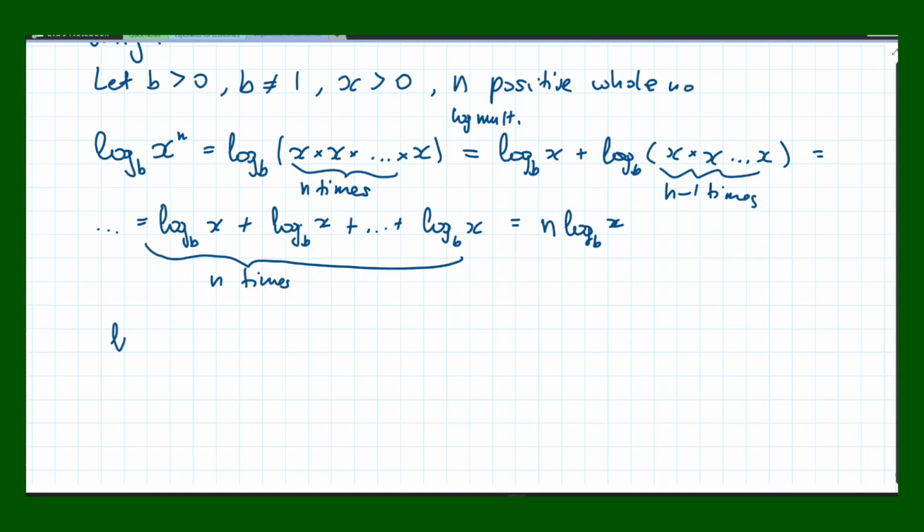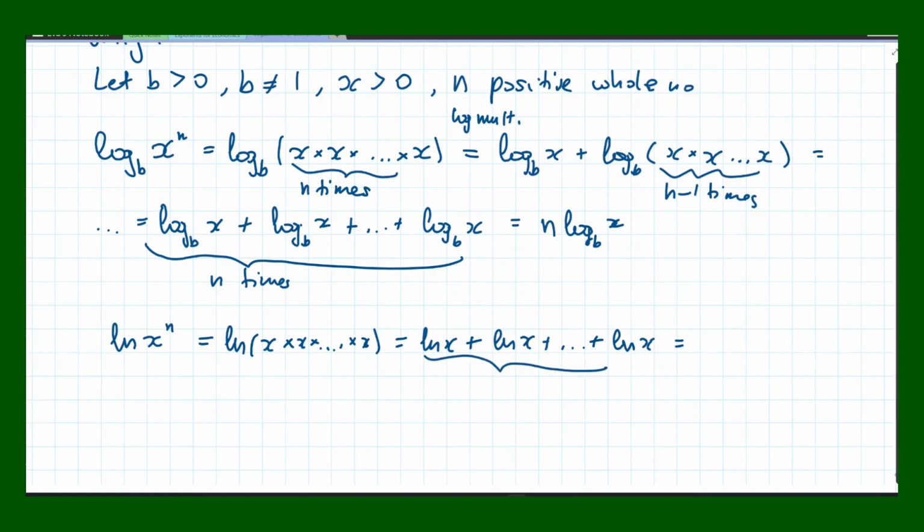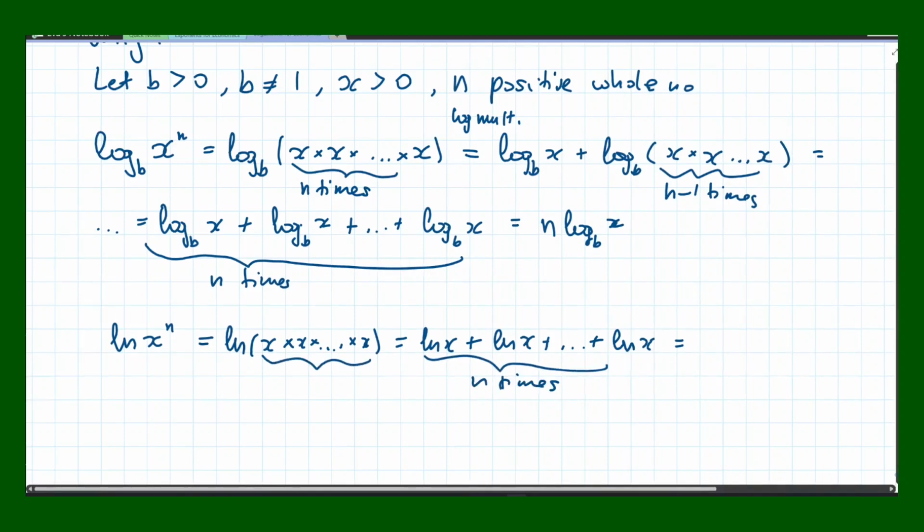So if I had ln of x to the n, then that's just going to be ln of x times x times x, which then I can rewrite as ln x plus ln x plus ln x, which is again, because it's n times, just like in here, going to be n times ln of x.